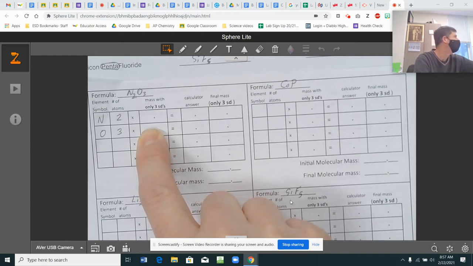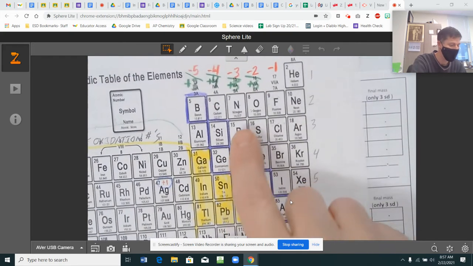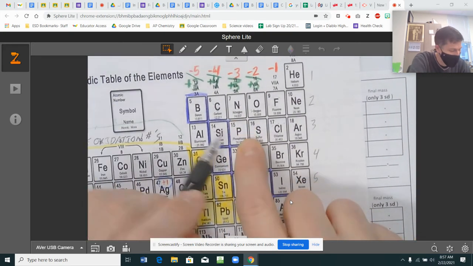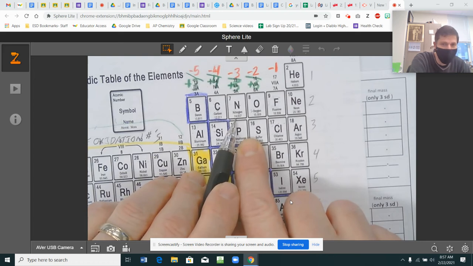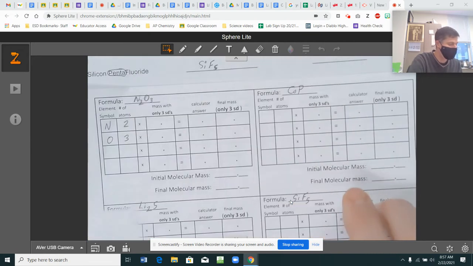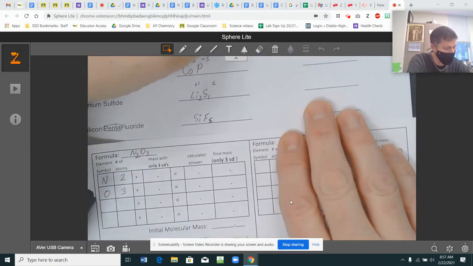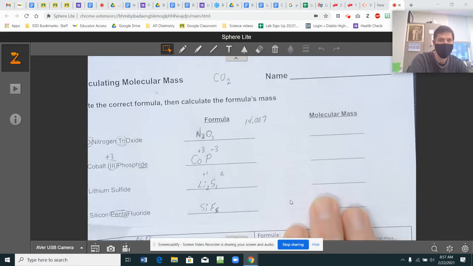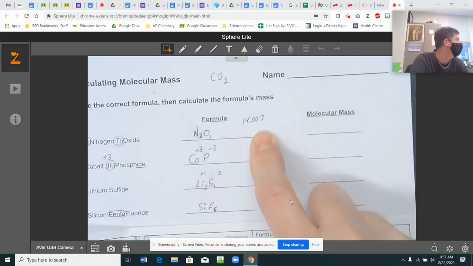That would be 14. One, 2. There's 2 sigdigs. I need to have a 3rd sigdig. I believe that's what it says on the periodic table, right?